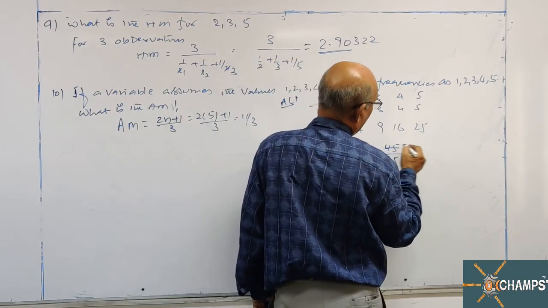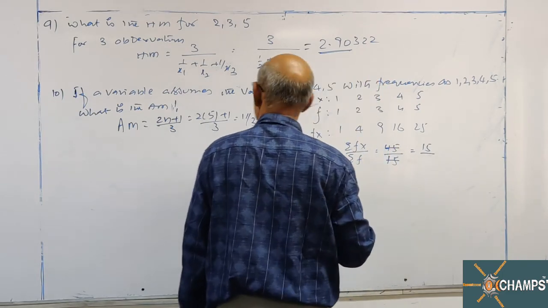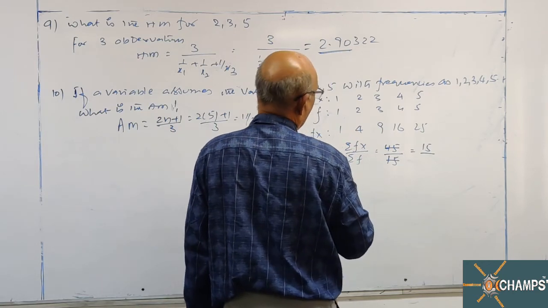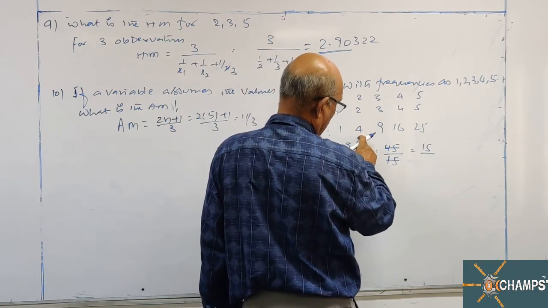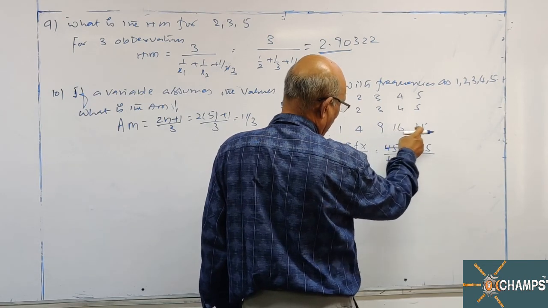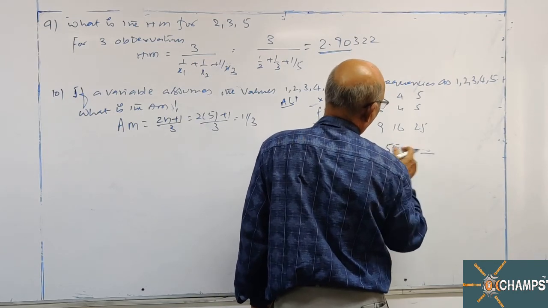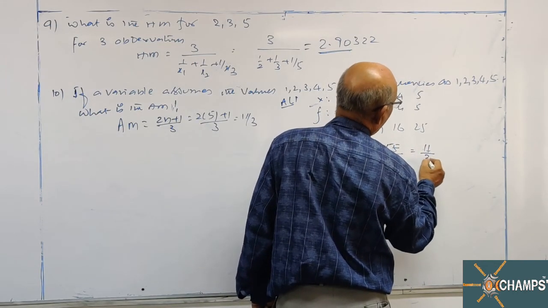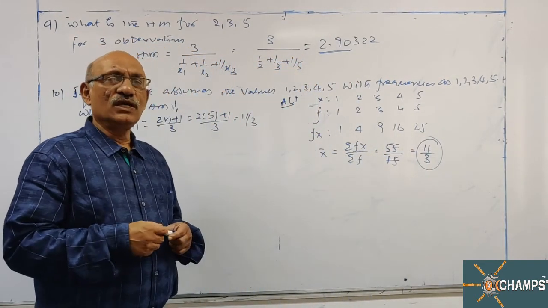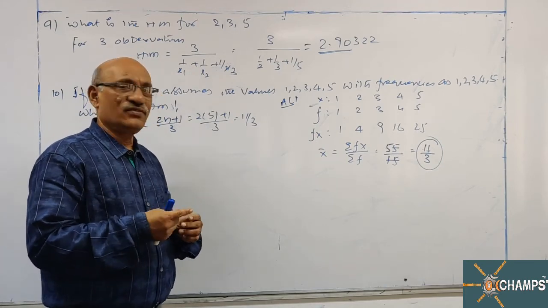So 55 by 15, 5 will go 11 times and 5 will go 3 times, so it is 11 by 3. Anyway, you can solve the problem either way; that doesn't make any difference as far as the answer is concerned.